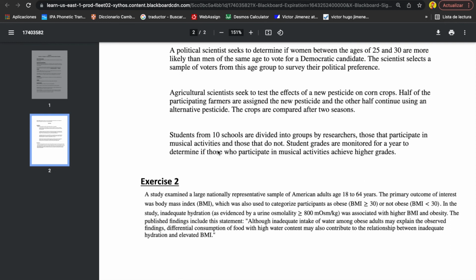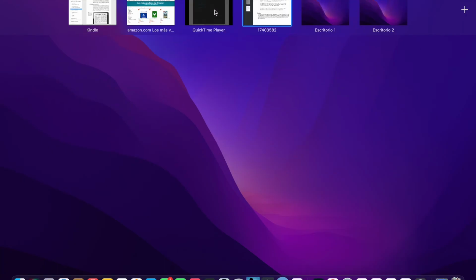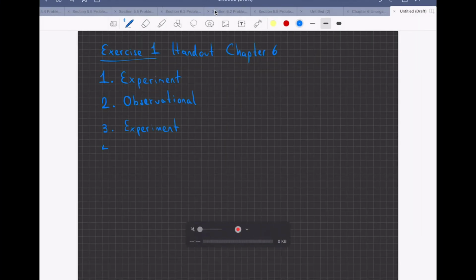Oh, well, in this case, even when we divide the participants into two groups, right, we are only observing. So in this case, it's going to be an observational, right? And there you have.